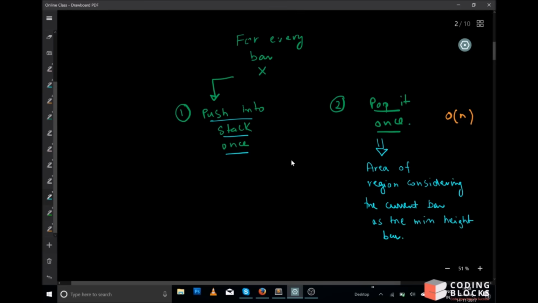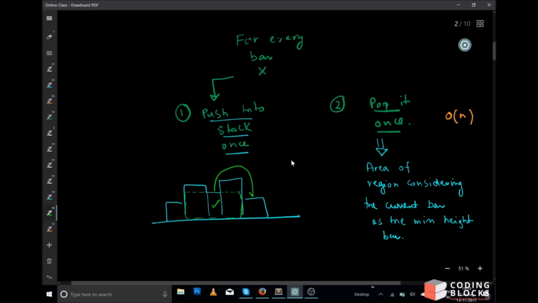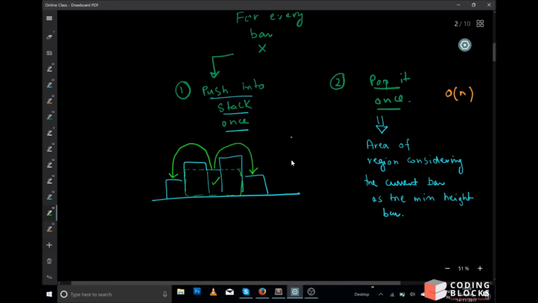I will give you one example. So suppose you have a bar like this, and suppose we are going to pop this bar, right? So what I'm going to do is find out the area of the region considering this bar has the minimum height. So I need to know the rightmost bar which is smaller than it, and I also need to know the leftmost bar which is smaller than it.